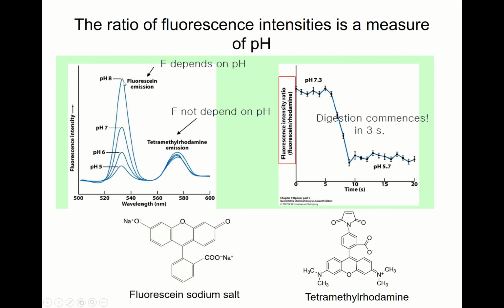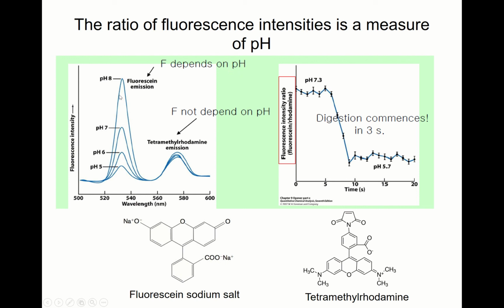This peak belongs to fluorescein, and the other peak belongs to tetramethylrhodamine. At higher pH, the fluorescence intensity of fluorescein is highest. This is fluorescein emission, which depends on pH.